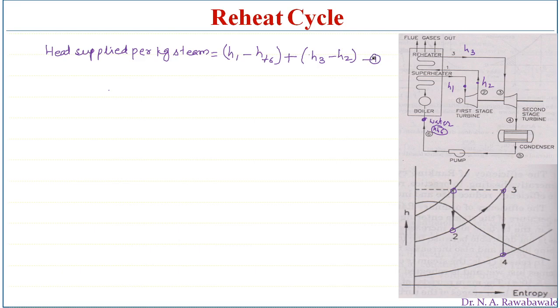Now we want to find out work done per kg of steam. Here work is done in two stages, between 1 to 2 and 3 to 4. So H1 minus H2 is the work done by the first stage turbine, plus the work done by the second stage turbine, H3 minus H4.